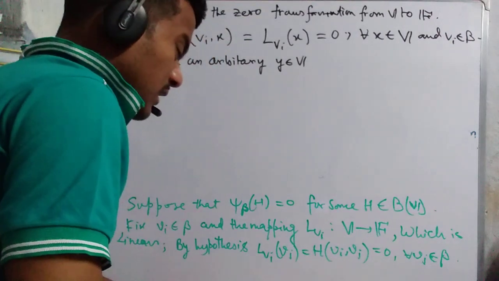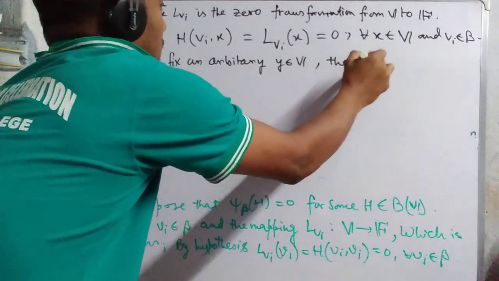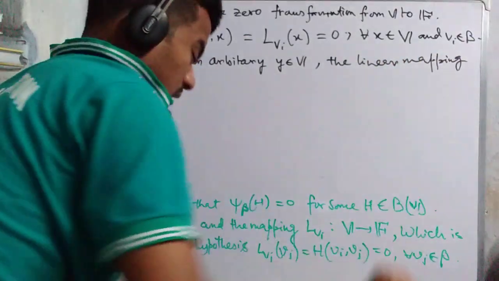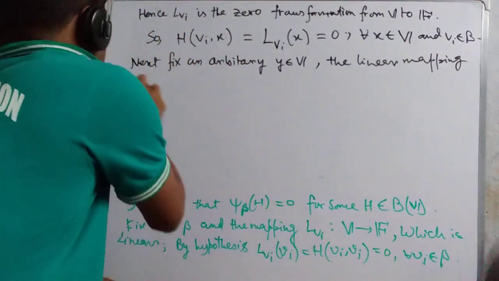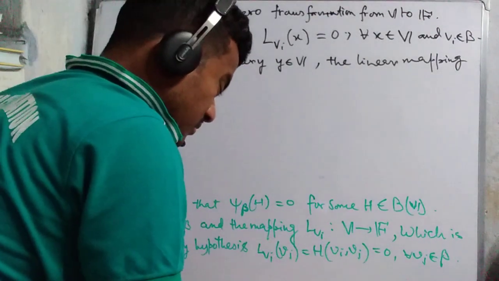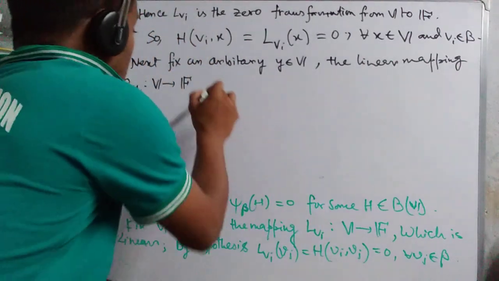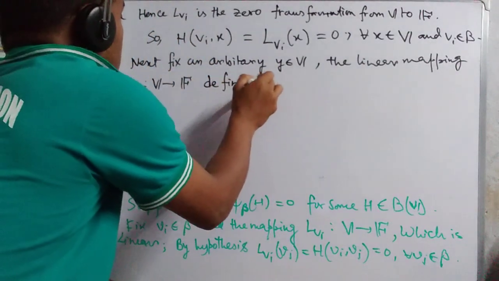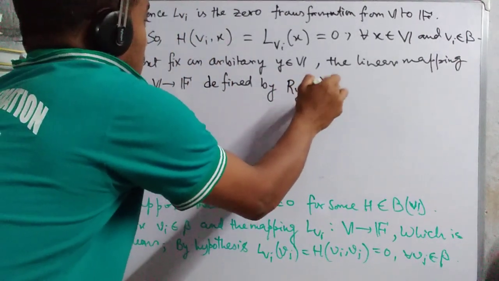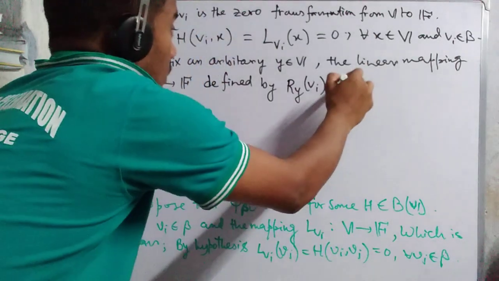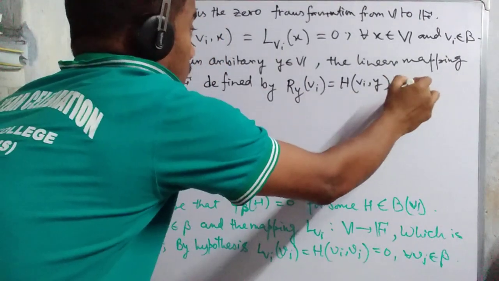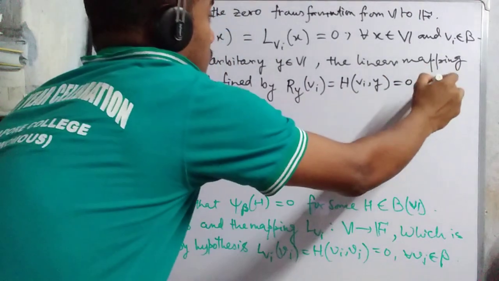Then define the linear mapping R y from V to F by R y of v i equals h of v i, y, which equals 0 for all v i belonging to beta.